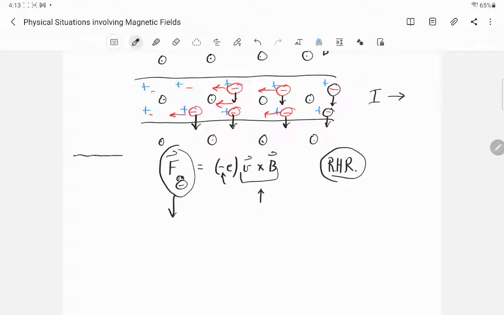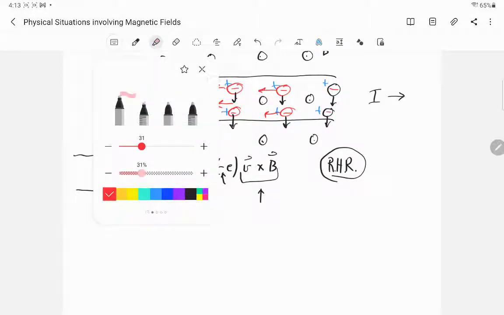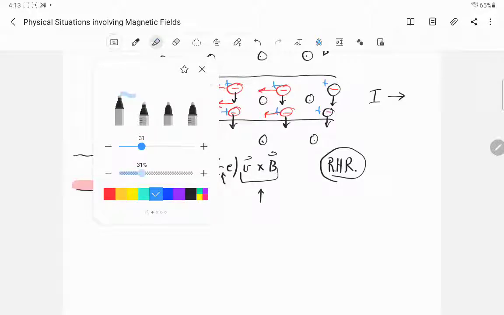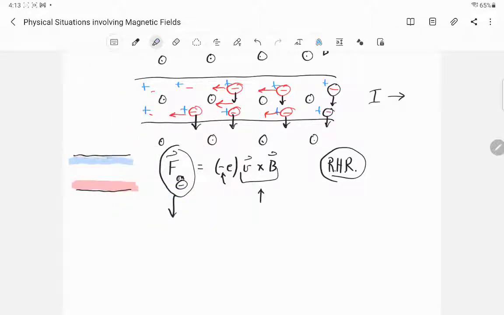That is, the wire is polarized, and the bottom of the wire is negatively charged, and the top of the wire is positively charged. There's definitely a current flowing. That's not changing, but the wire is actually charge separated.